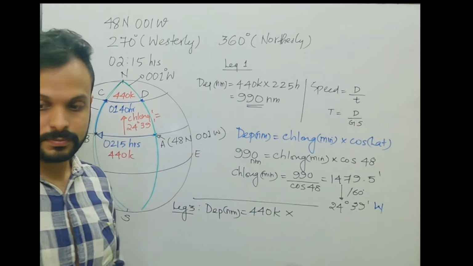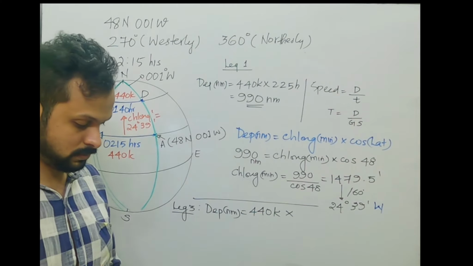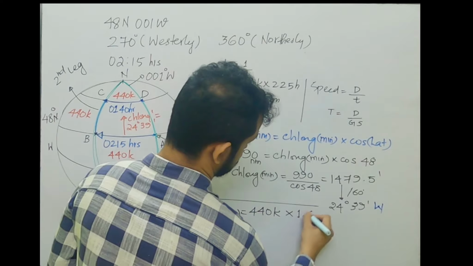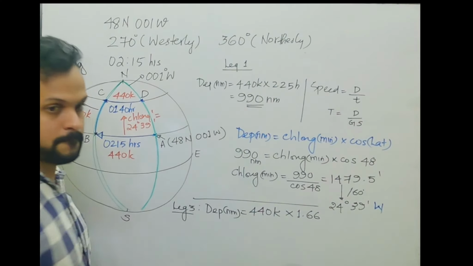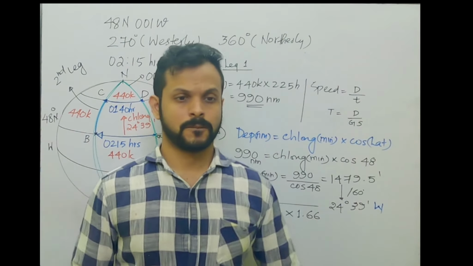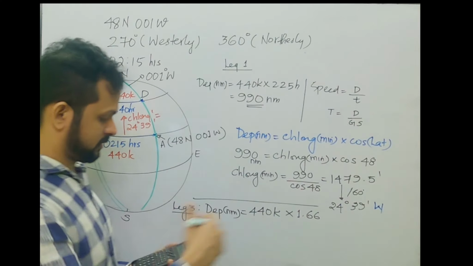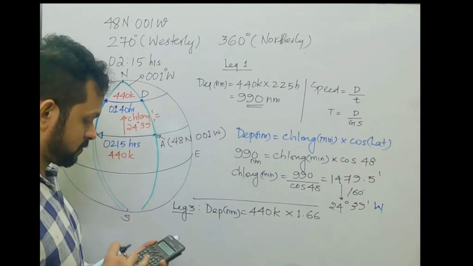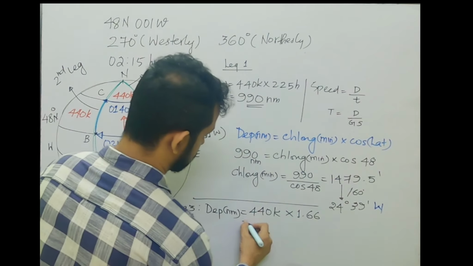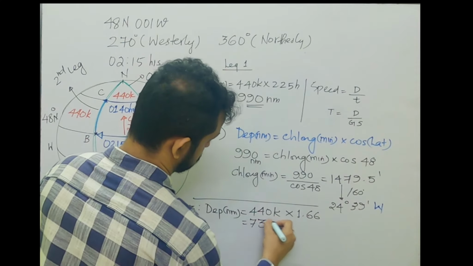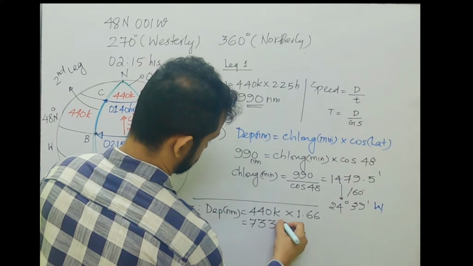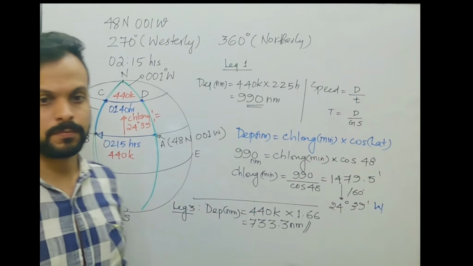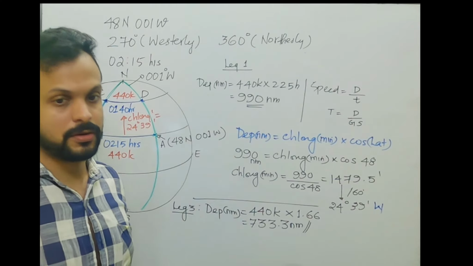How much is that? 1.6, that's right, 1.666. You multiply that with 440. 733 nautical miles.